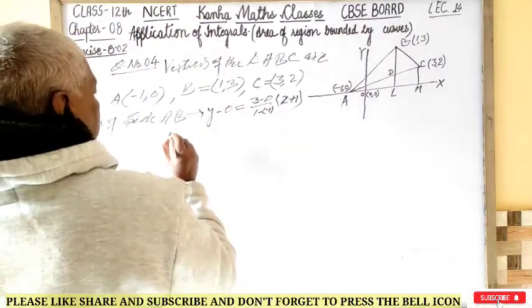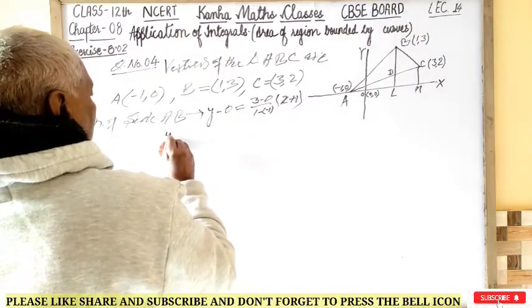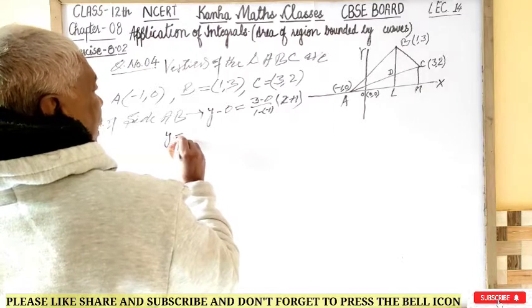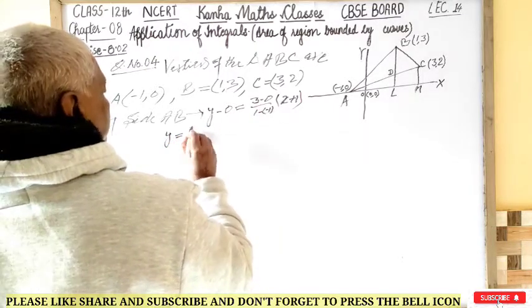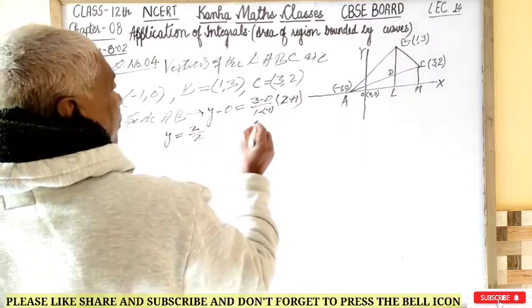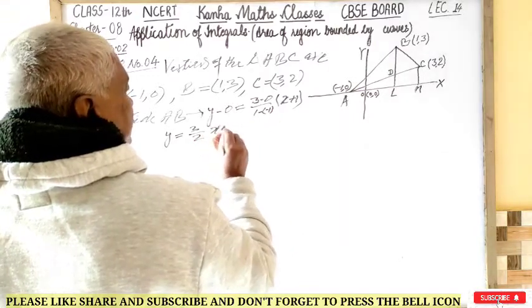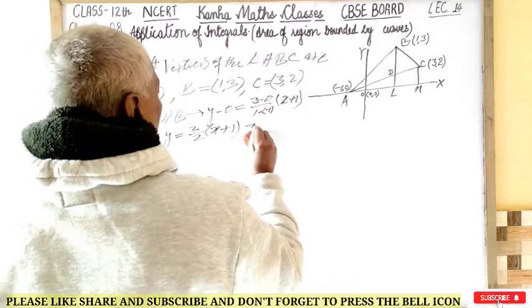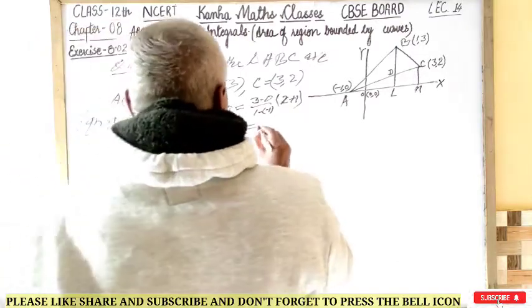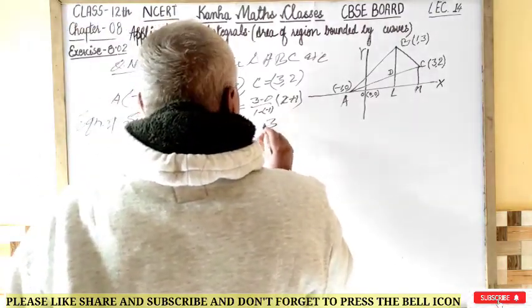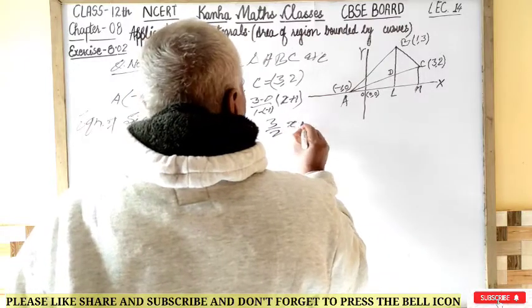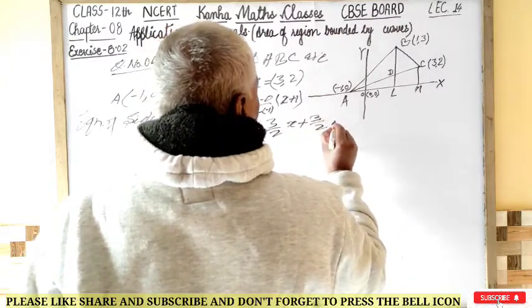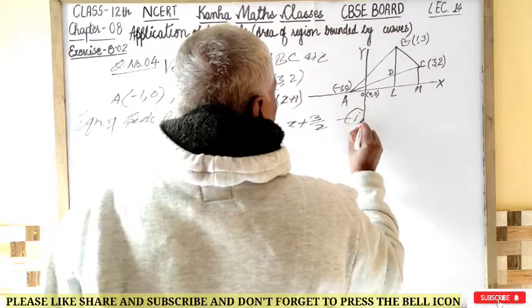Or you may write the formula as y equals 3 upon 2 times (x plus 1), or y equals 3 by 2 x plus 3 by 2, equation number 1.